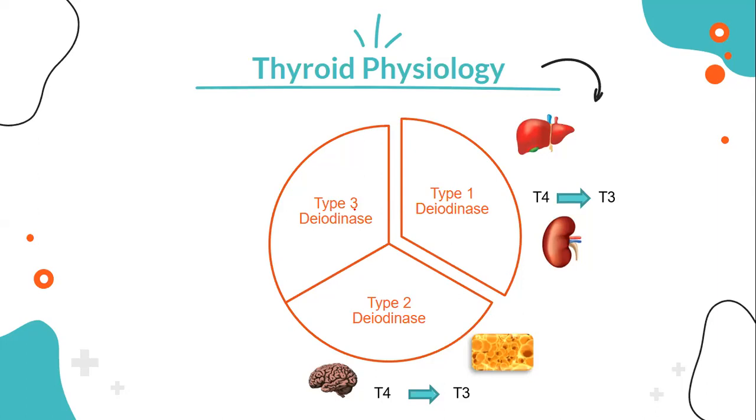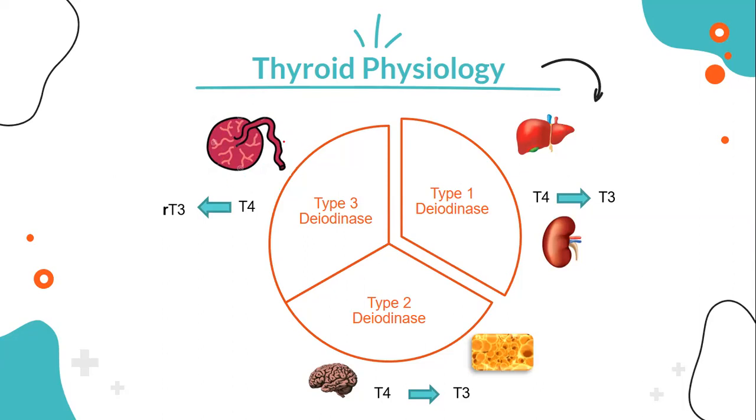This unborn baby would have hyperthyroidism, because of the amount of thyroid hormones of the mother, right? This type 3 enzyme is in this organ, the placenta.